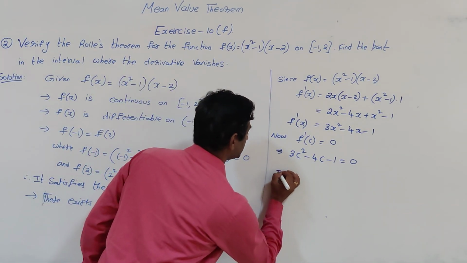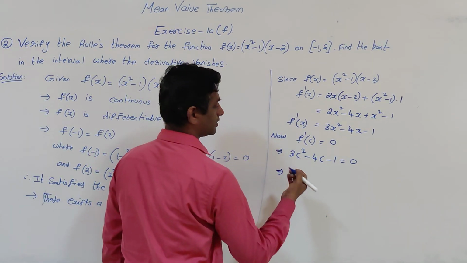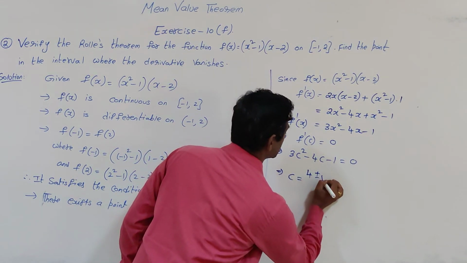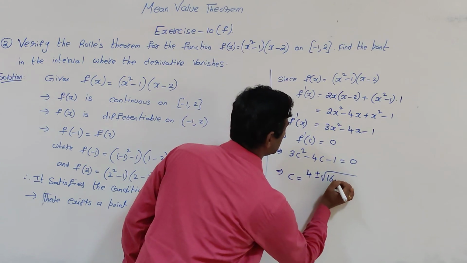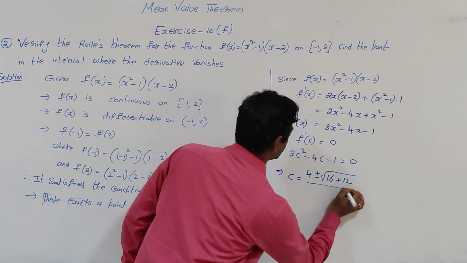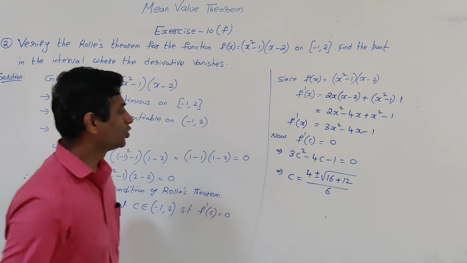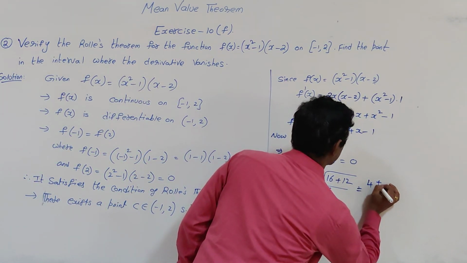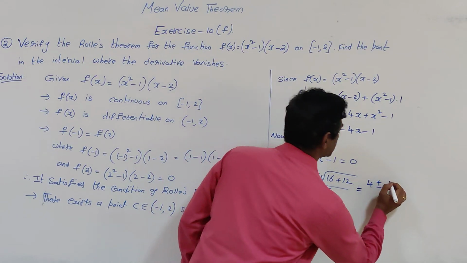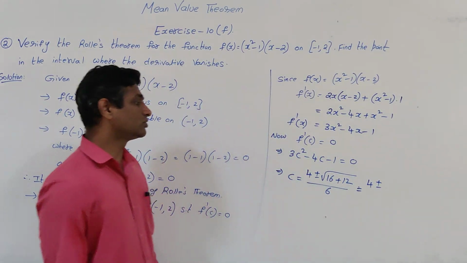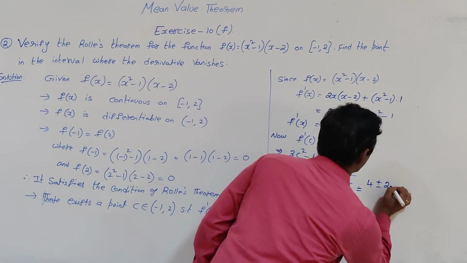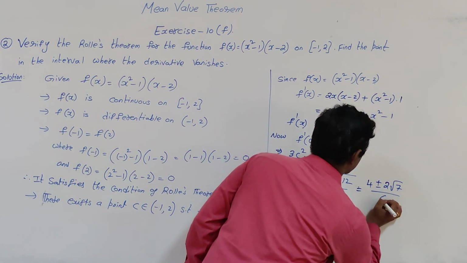Now apply the formula. c is equal to minus b plus or minus under root of b square minus 4ac, so 4 plus or minus under root of 16 plus 12, by 6, because 2a is 2 into 3. So which gives 4 plus or minus root 28, which can be written as square root of 4 into 7, so it will be 2 root 7 by 6.